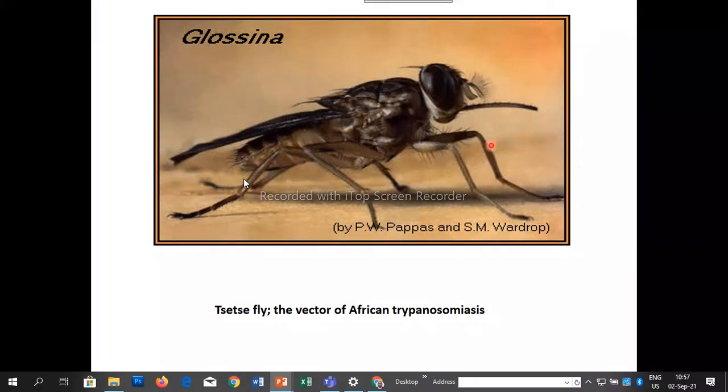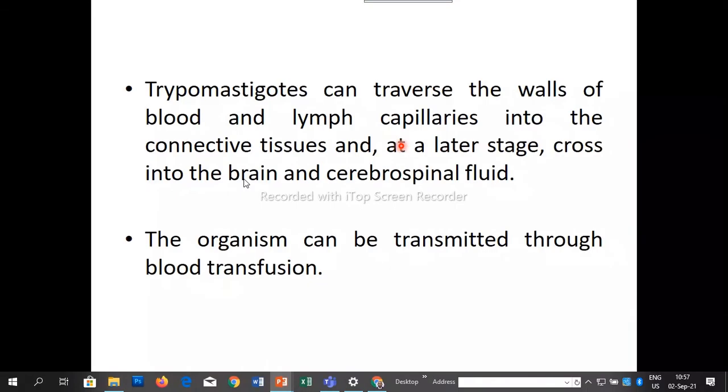But this Glossina palpalis or tsetse fly can feed on blood, and during a blood meal it takes the parasite, and the parasite will undergo some developmental stages that lead to the metacyclic trypomastigote, which is the infective stage of this parasite.